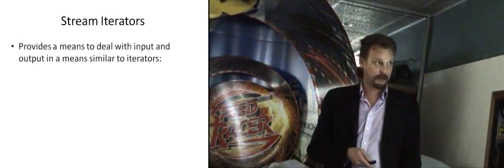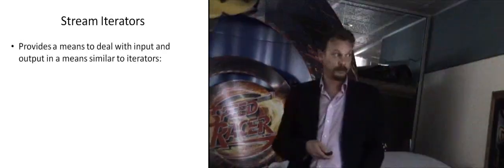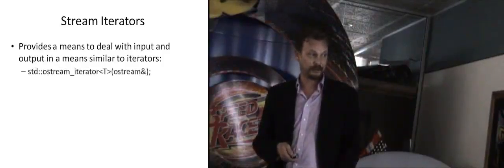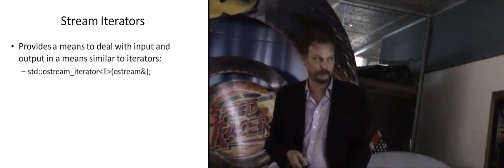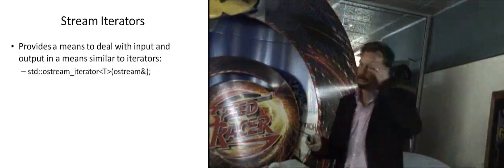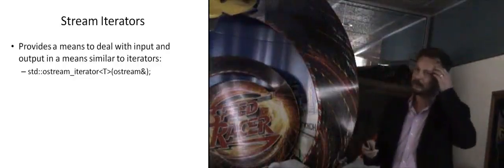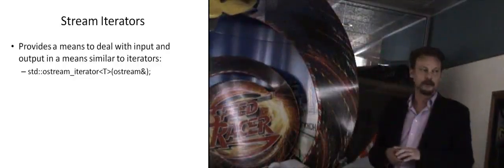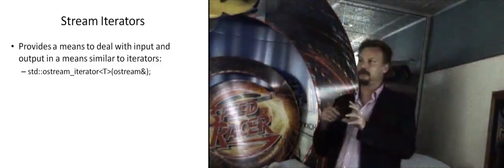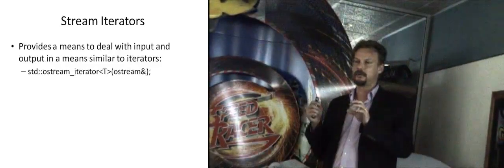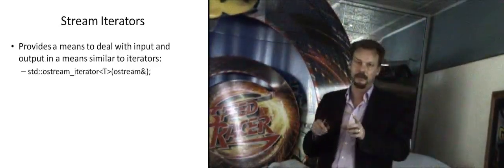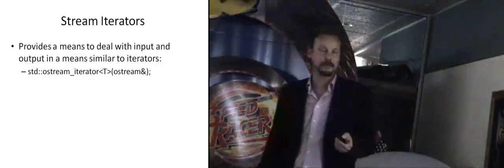The stream iterators provide a means to deal with input and output similar to iterators. So we've got standard ostream iterator type given an ostream. We don't really use streams very much at SHE. This is a way which enables you to iterate over a stream for input, or to iterate into a stream to write results as output.